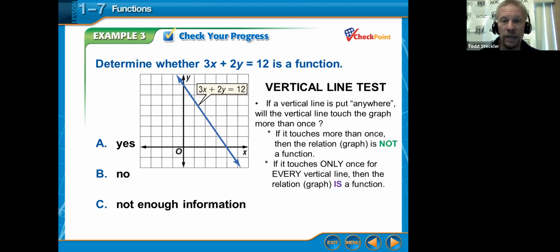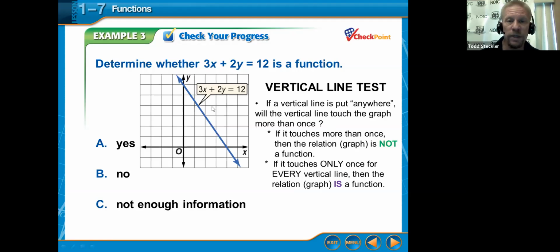That's the question you ask yourself to determine if a graph, a relation, is a function or not. If the vertical line touches more than once, then the relation or graph is not a function. But if it touches only once for every single vertical line, then the relation or graph is a function.